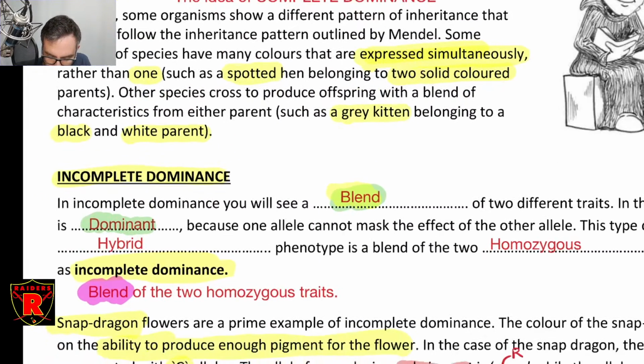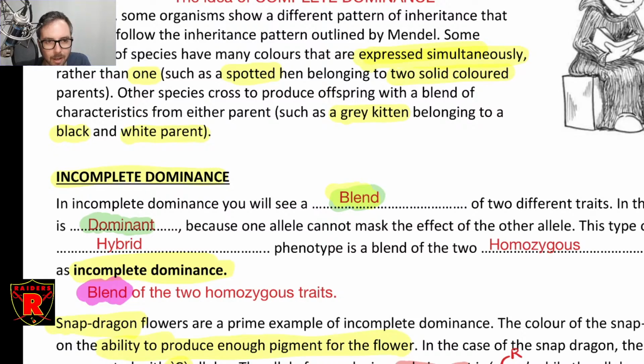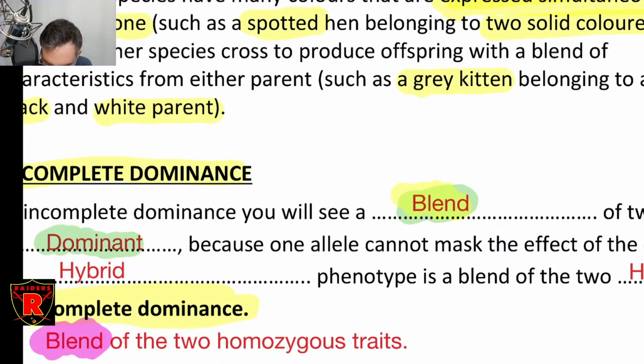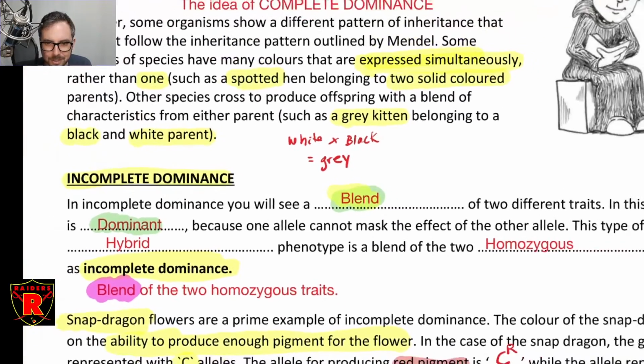The example I just gave is an example of incomplete dominance. You have a white cat and a black cat, and when you put them together, you get a gray cat. Gray is not white, and gray is not black. It is a blend of both of them. Gray, a totally new trait, but a blend of the other two traits. Okay, so that's incomplete dominance.